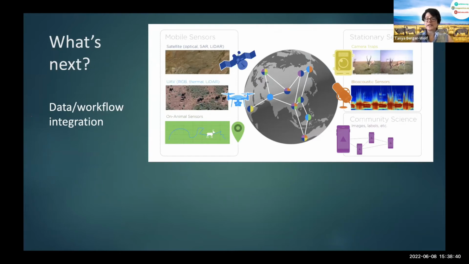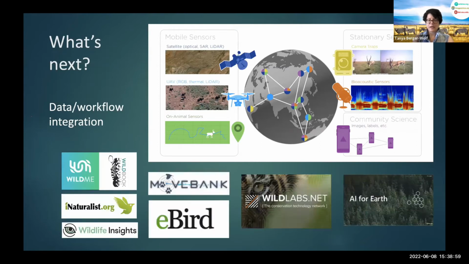Martin showed a great example of that. We need to do it at a much larger scale because, to quote, nothing makes sense except in the context of environment and evolution. So we need to put all of that data in the context of the environment at the very least, and all the other species that are there.